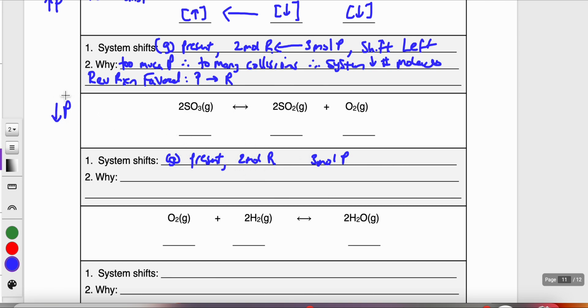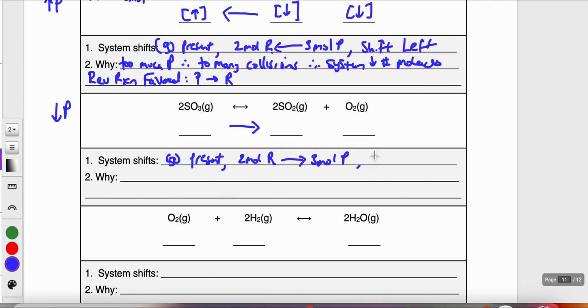And in this case, because there's a drop in the pressure, the system needs to replace the pressure. It needs to build the pressure up. So in this case, if it's a drop in the pressure, it's going to shift from the lower number of moles towards the higher number of moles.